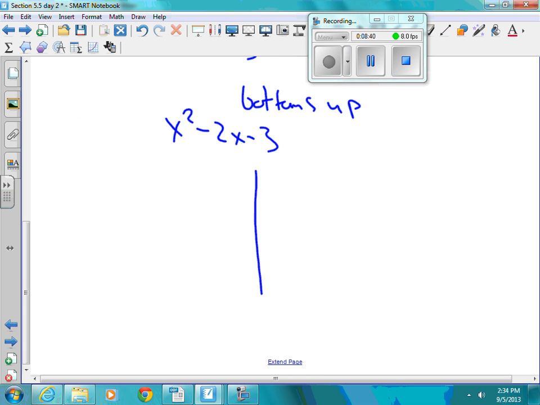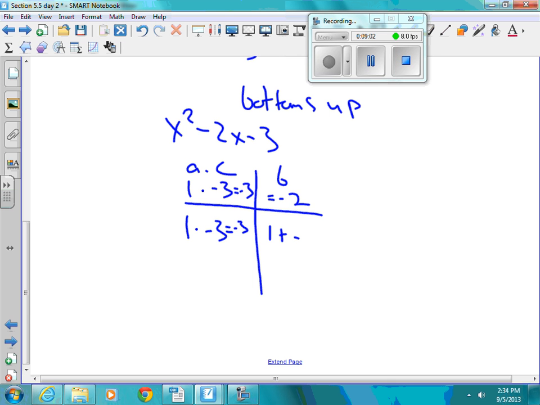So bottoms up, remember we have a times c, 1 times negative 3, which is negative 3. What adds to make b, which is negative 2? So pause it, see if you can think of the combination. What multiplies to make negative 3 and adds to make negative 2? It actually is that combination of 1 times negative 3 and 1 plus negative 3.